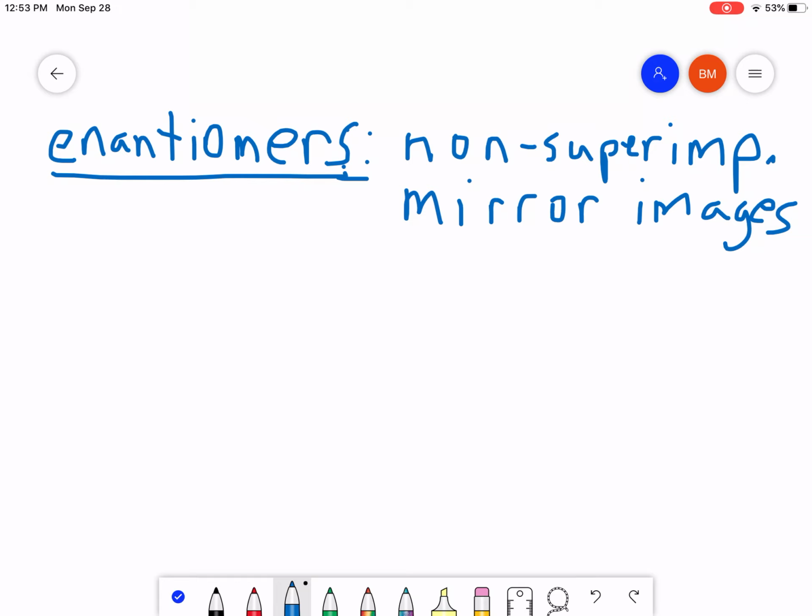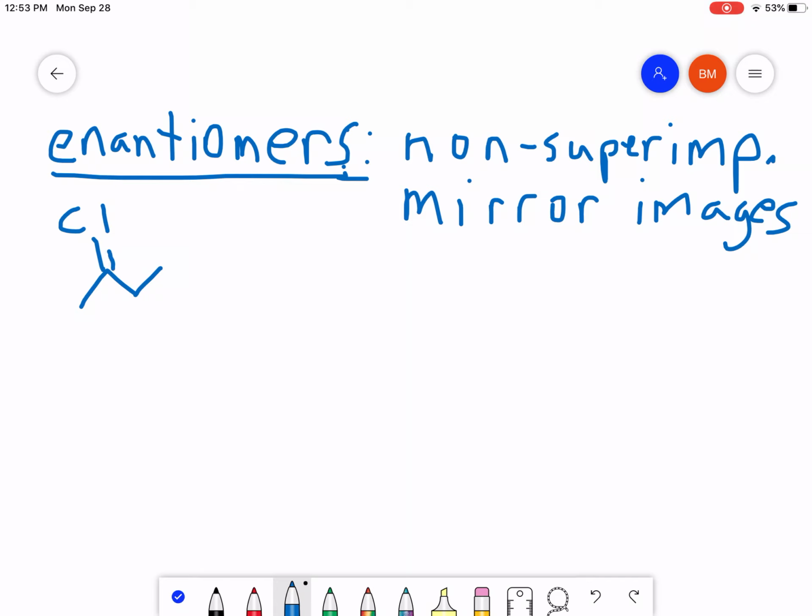Just to give a refresher on that, if we had something like this, and we said, okay, draw all possible stereoisomers of this molecule and identify what we call enantiomeric pairs. Basically, if you have any enantiomers. Well, again, the first step is identifying chiral carbons or stereogenic carbons.